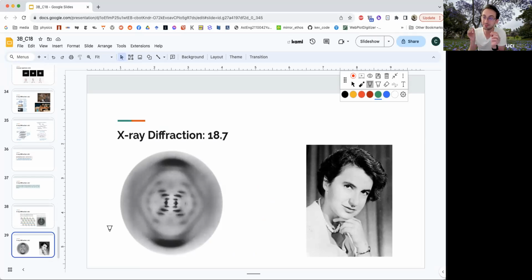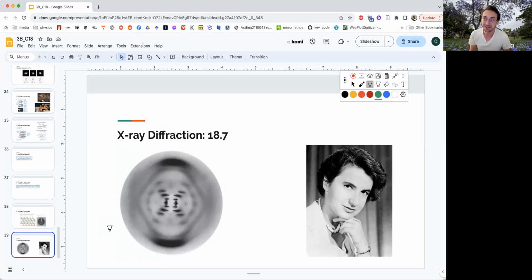So it's by taking a sample of DNA and bombarding it with X-rays at different angles and projecting that onto some film and seeing where there are bright spots and where there are dark spots, we actually get this beautiful image. And by interpreting this image correctly, this is how historically people, particularly Rosalind Franklin, although of course others have gotten credit, were able to discover what DNA looks like.